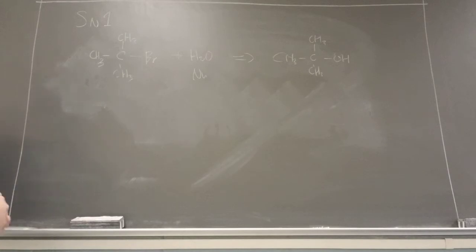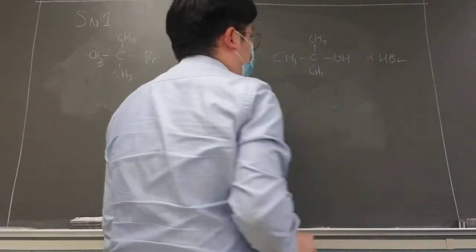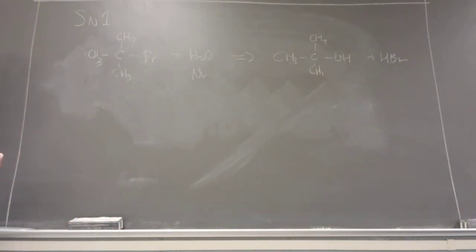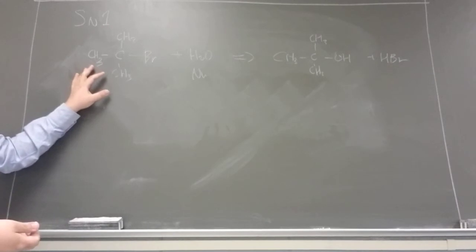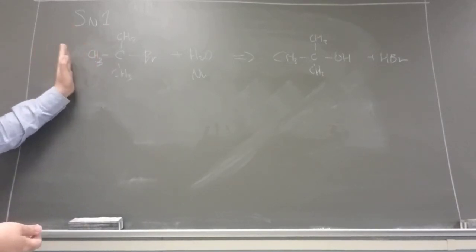It happens quite fast. This is something we didn't expect when we studied SN2, because this is a really bulky compound, so you can't really do the nucleophilic attack from the back.